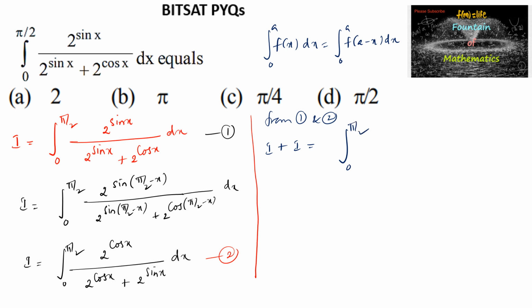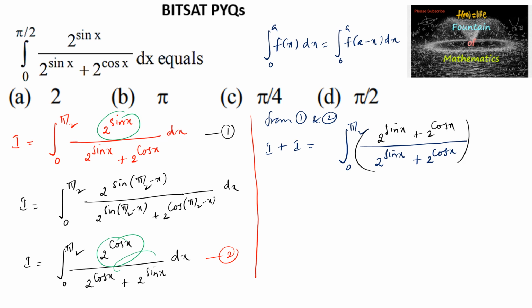Both the integrals have the same limits, so we can add, and the denominator is 2 power sin x plus 2 power cos x, and here also the same. The numerator also becomes 2 power sin x plus 2 power cos x. So both get cancelled, numerator and denominator.